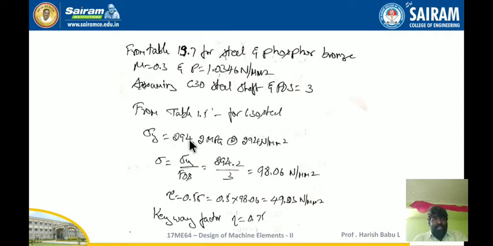So sigma y is given by 294.2 megapascals, or you can take that as 294 Newton per mm square. So sigma divided by the FOS, I am going to get 98.06 Newton per mm square. So the shear stress will be 0.5 times of this, so I am going to get 49.23 Newton per mm square. Again I am going to assume the QF factor as 0.75.